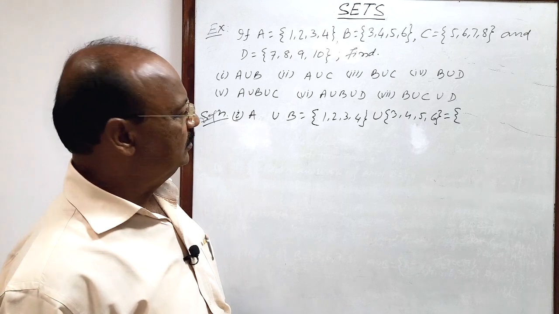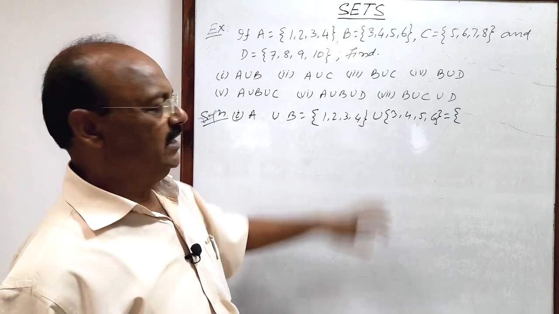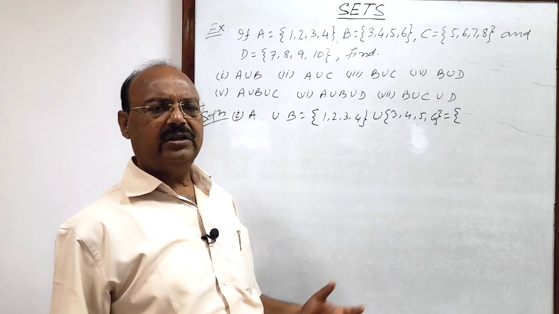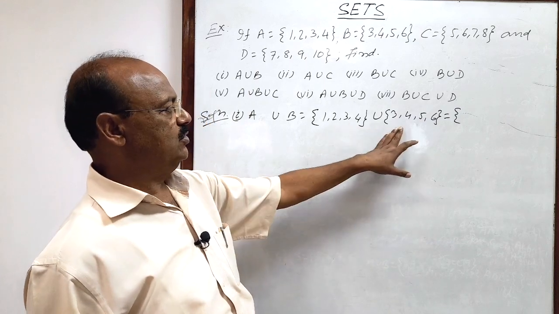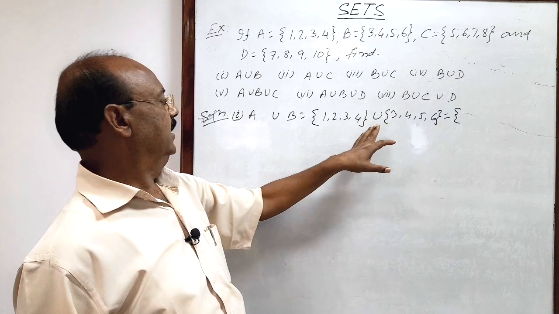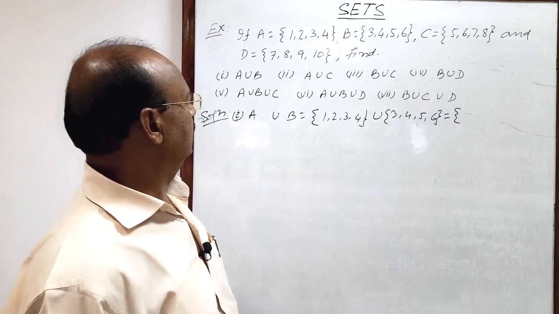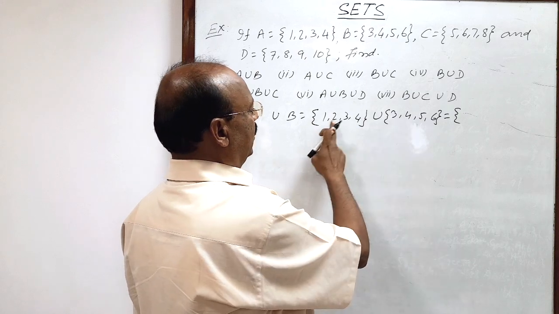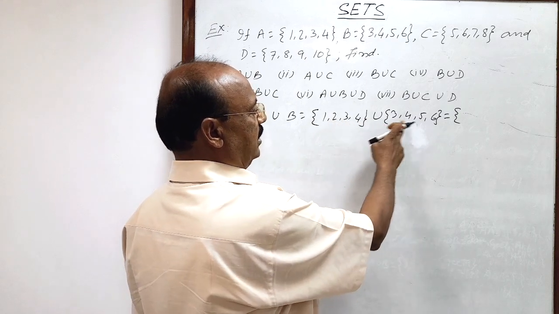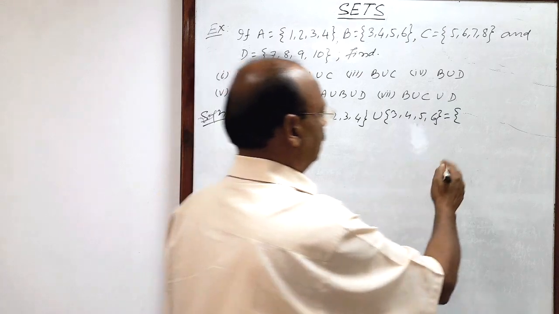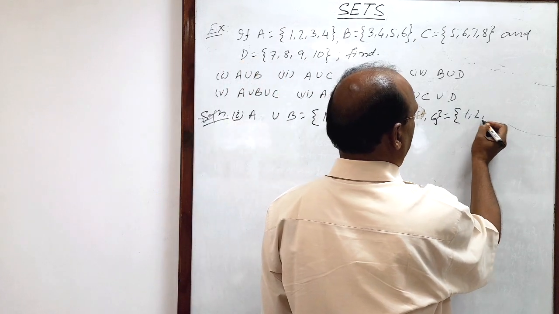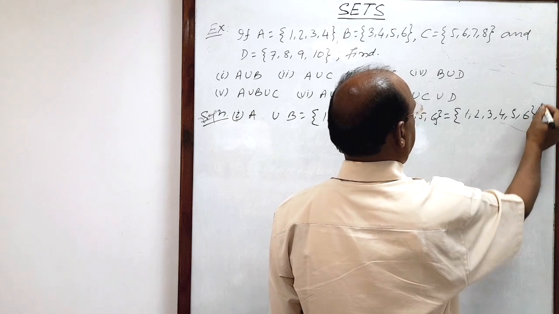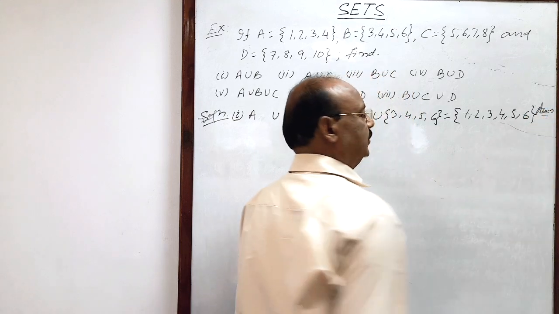As we know, union of two sets is a set which consists of all the elements from both the sets A and B. So if you collect all these elements, 1, 2, 3, 4 is here, 3, 4, 5, 6 is here, so we get elements 1, 2, 3, 4, 5, 6. This is the answer.